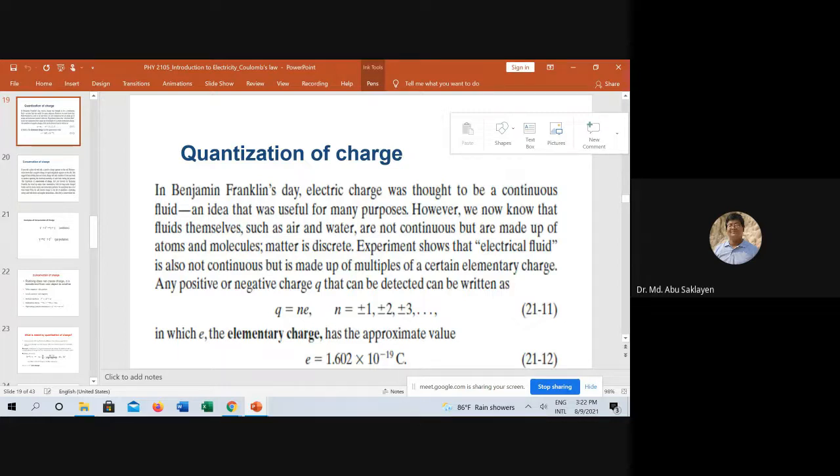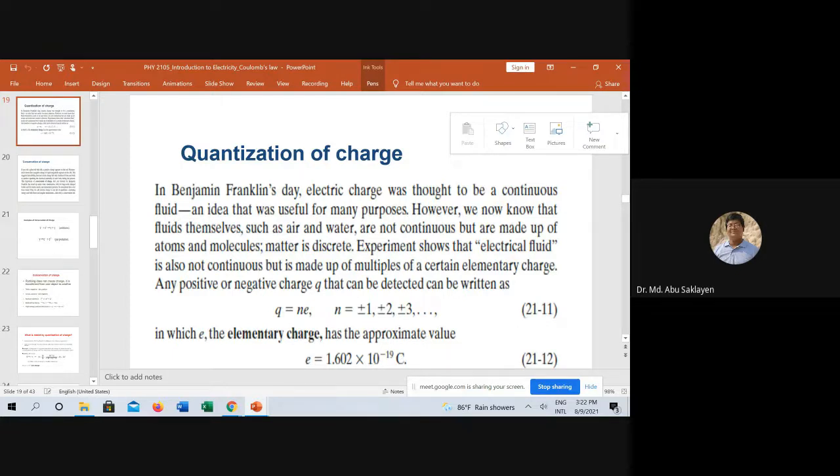So this is known as quantization of charge, like quantization of energy. That means light energy can be divided into the energy of individual photons. A number of individual photons creates the total light energy.